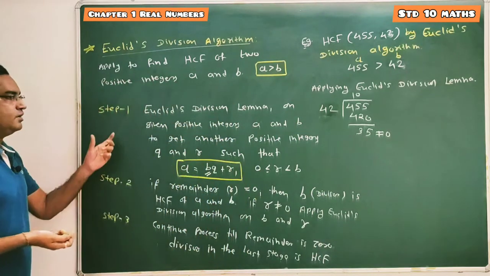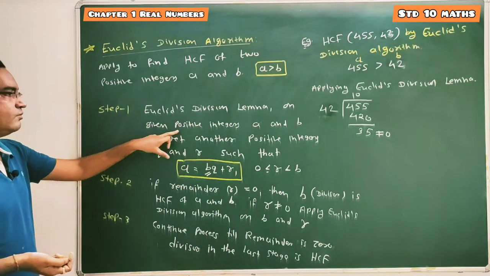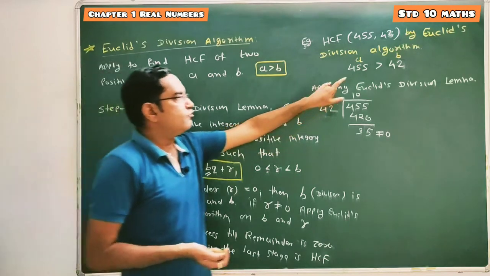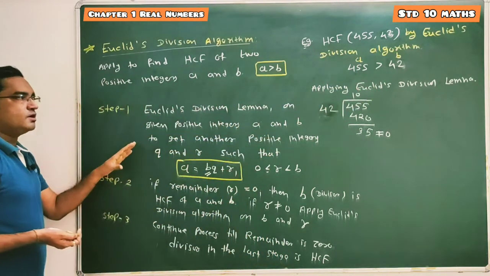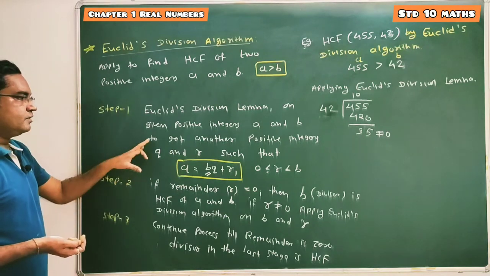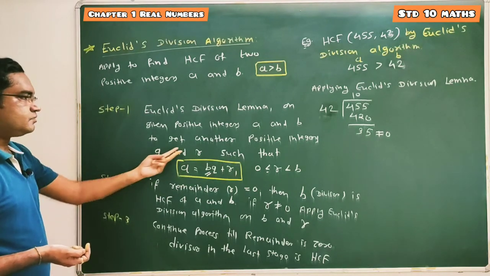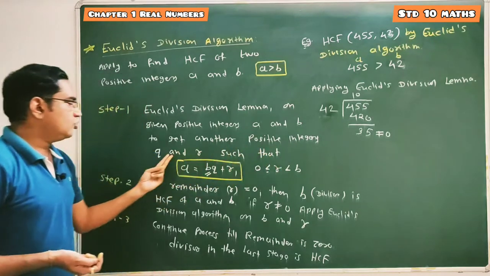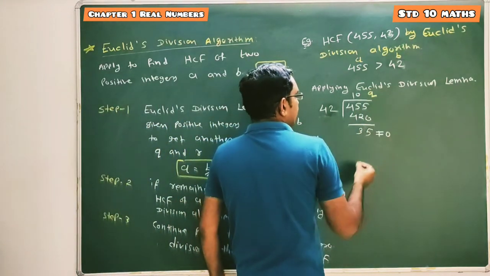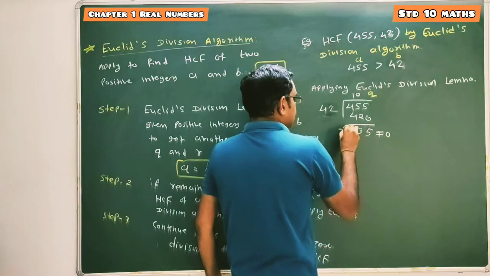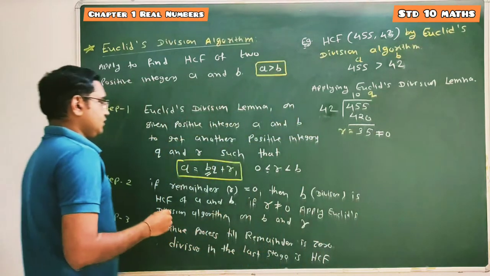Check the first step: apply Euclid's division lemma on the given positive integers a and b. The given positive integers are 455 and 42. So we applied Euclid's division algorithm, such that we are getting other positive integers q and r. Our q is 10, the quotient, and our r is 35. Done.